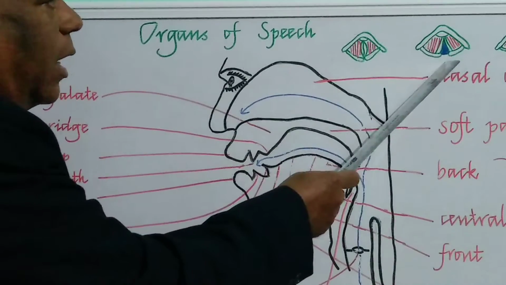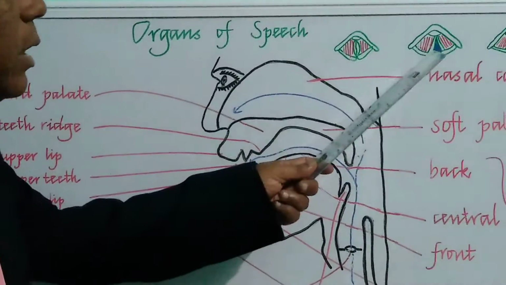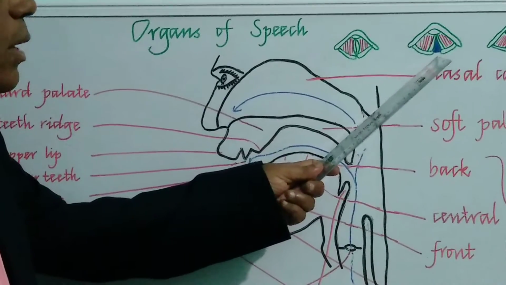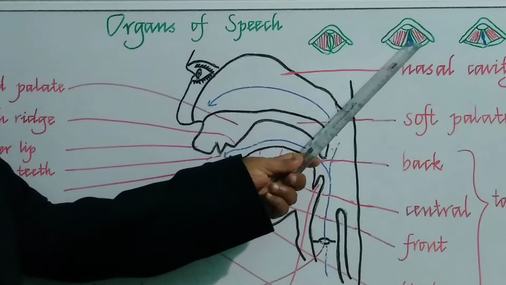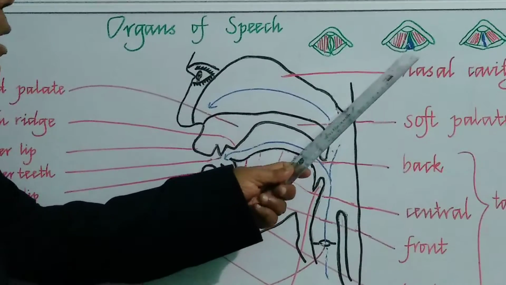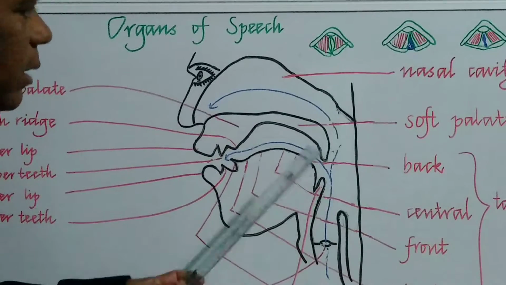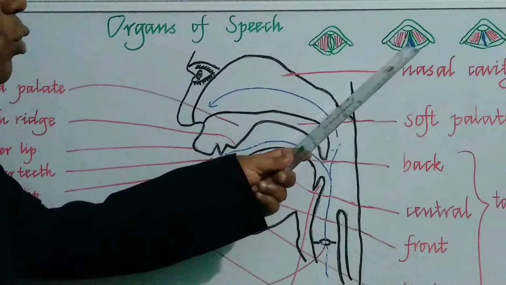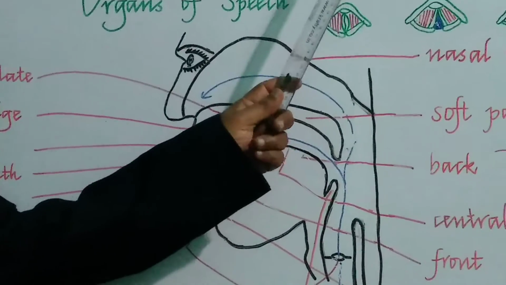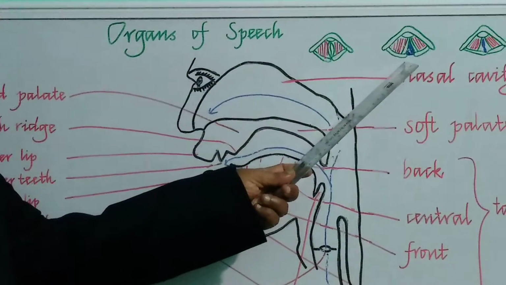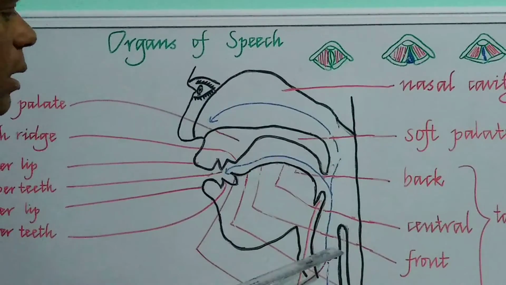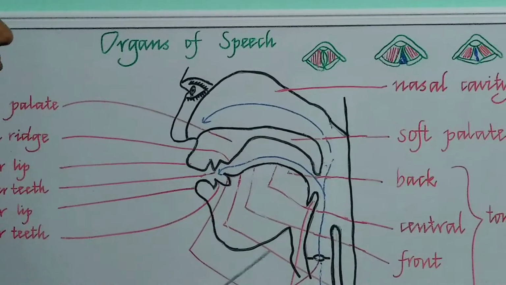And the second diagram, now here there is space at the center. The air can escape through the opening. The vocal cords are open and the air comes out freely.